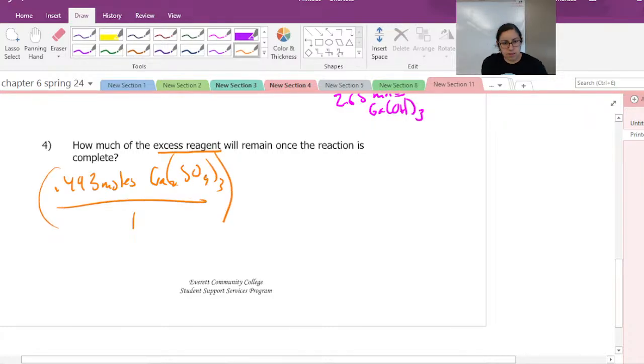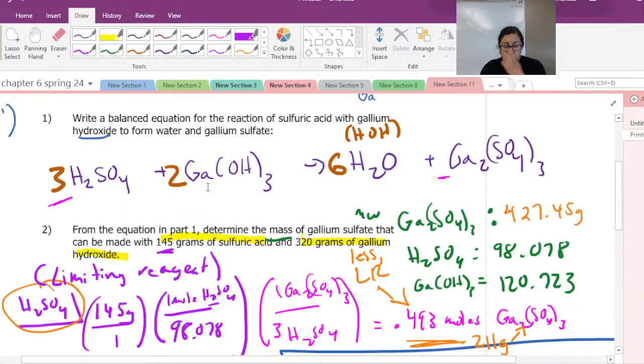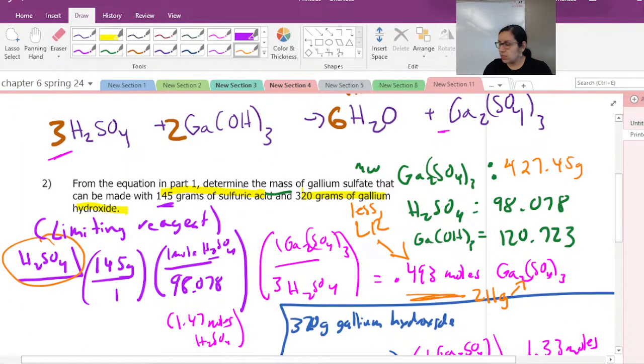Yeah, so let's continue, right? So we found how many moles we could make. So now we have to think about, well, what are we comparing it to? So we already found out sulfuric was a limiting reagent, so we don't care about that.